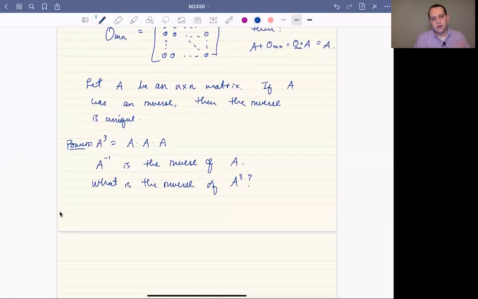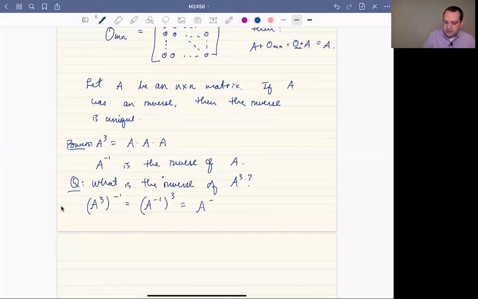Well, there's a few different ways to think about this. So this is our question: what's the inverse of A cubed if A inverse is the inverse of A? In other words, if A has a non-zero determinant, so that A inverse exists, then A cubed is going to have an inverse, and you can write it as A inverse cubed, or because these are the same thing, you can just write it as A to the minus 3.